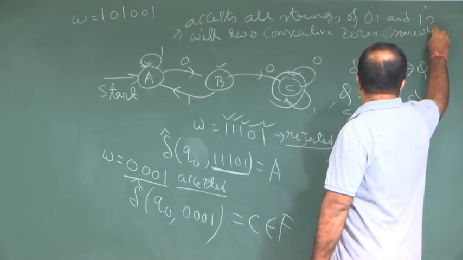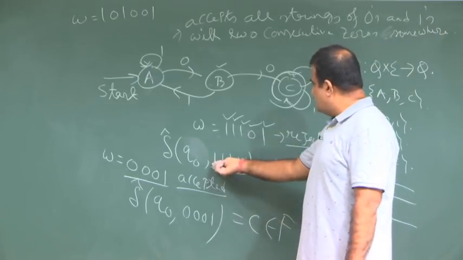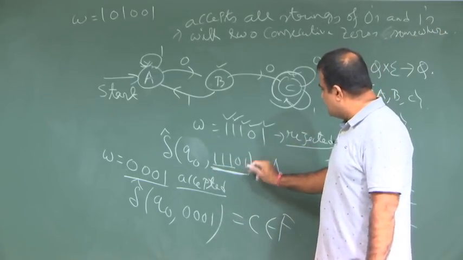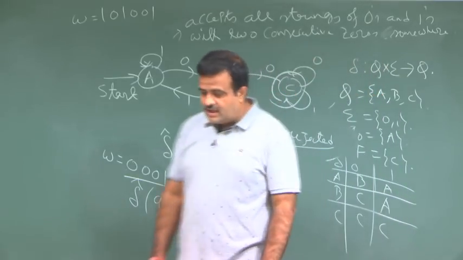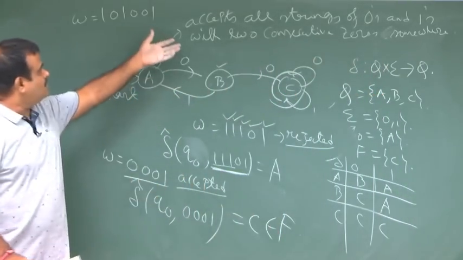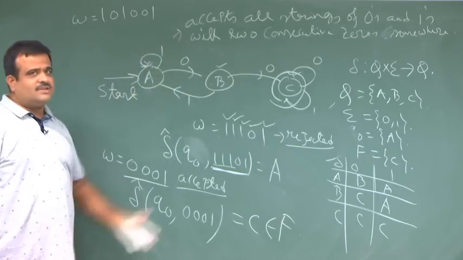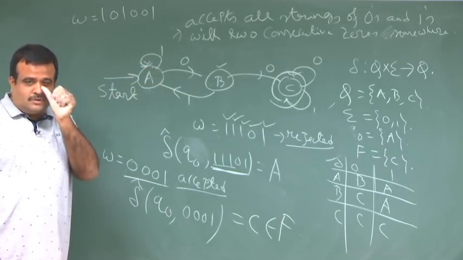Like this one, we have many ones, this is not accepted, but if we have another 0 over here, this could be accepted. So, it is accepting all the strings which have 2 consecutive 0s somewhere.